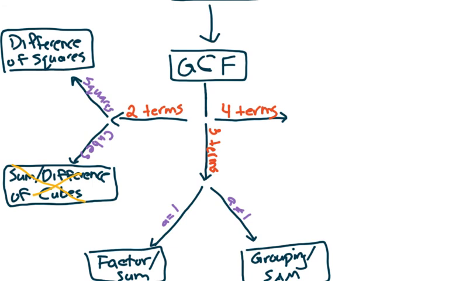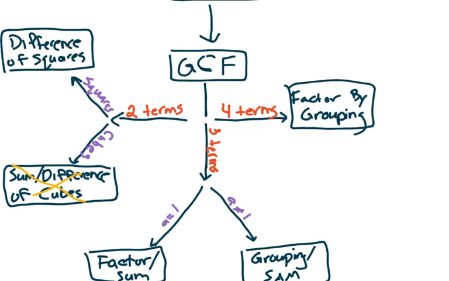Now, four terms, you would use factor by grouping. And again, it's the same method as this grouping, except there's four terms already, so you don't have to split it. And again, we did not go over this, so we're not really going to be factoring by grouping.